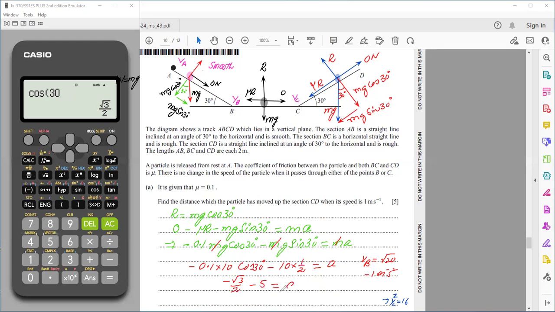That's the value of a. Am I right? Now that value of a you have to use to find the motion from C to B, at the point where the velocity is 1 meter per second. Okay, now I'm erasing this one. Already we have the acceleration. What's the value of this one?